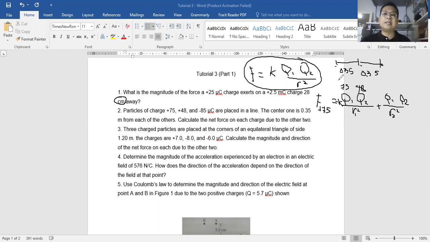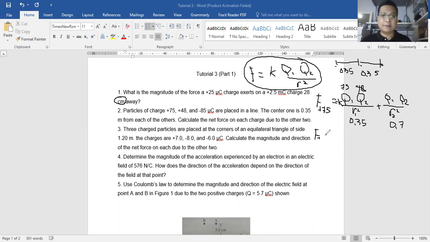If we jump 2 points from the start, the second R is times 2. So now here is 0.35, now change to 0.7. Okay, now the other F is for question number 2.